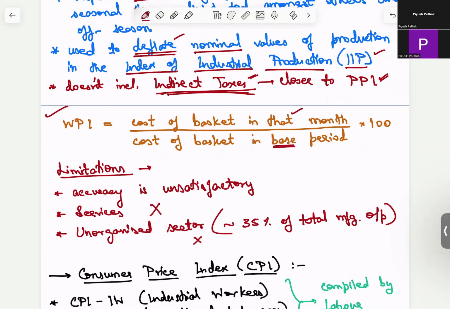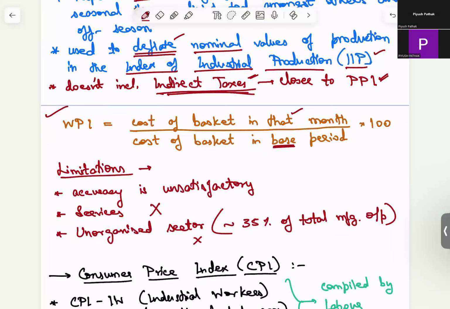Now, what are the limitations? Despite all its features and benefits, its accuracy is not very satisfactory. It is still not able to take into account the various vagaries of inflation, which is why it does not give us a good picture. We cannot rely on it for policy making.